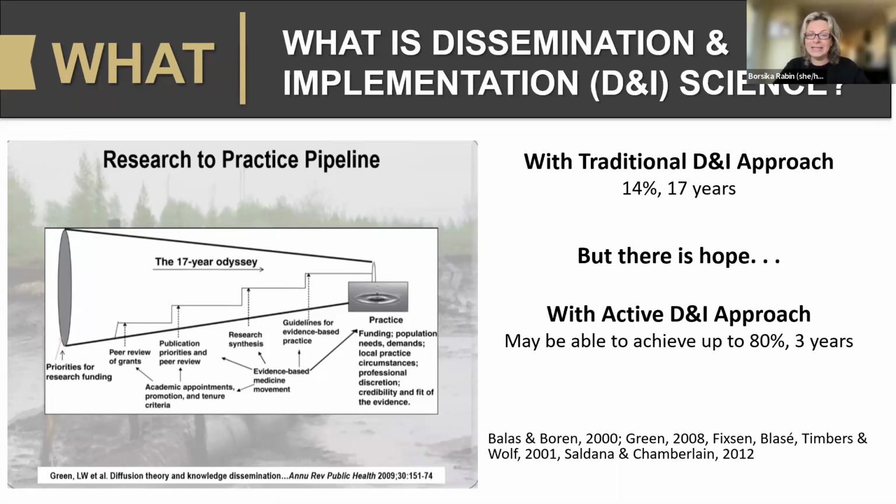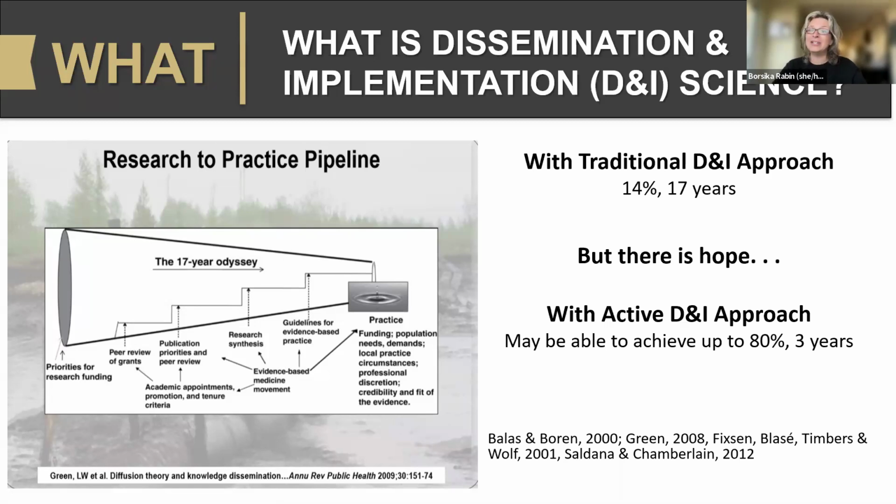We also know, and there are some publications here, but there are other studies out there, that if we put in concerted efforts, if we work hard, we can increase the 14% to 80% and decrease the 17 years to as low as 3 years.